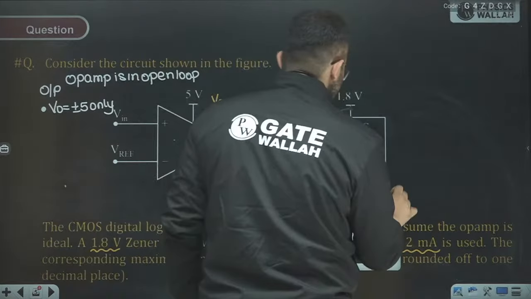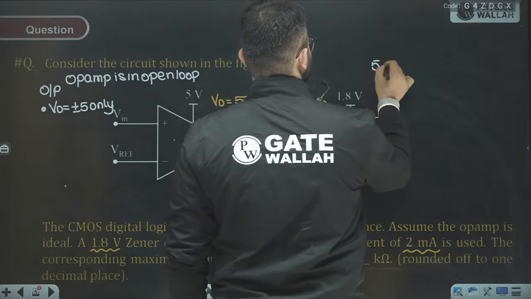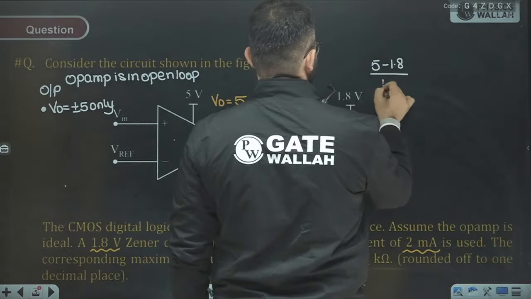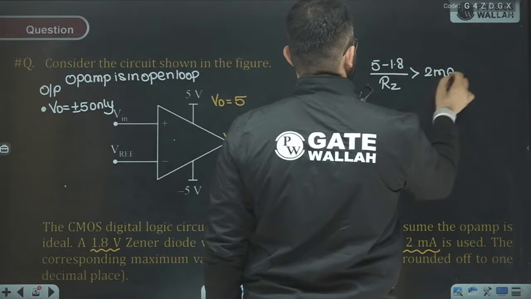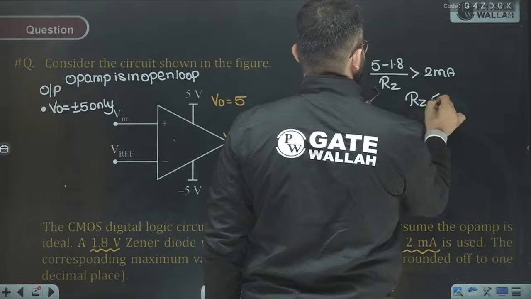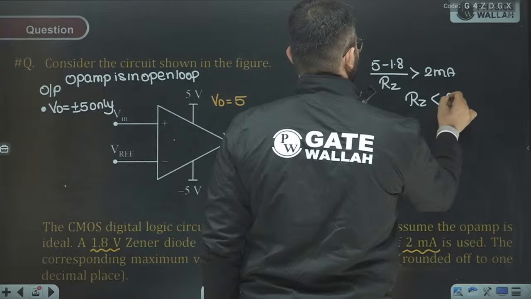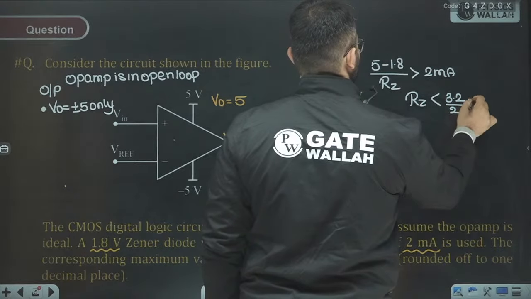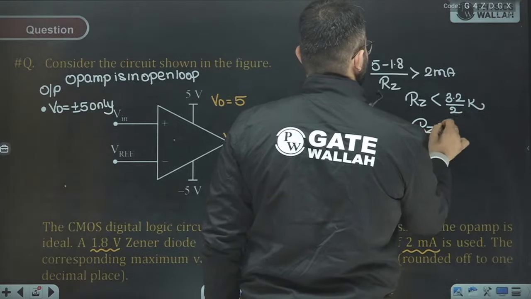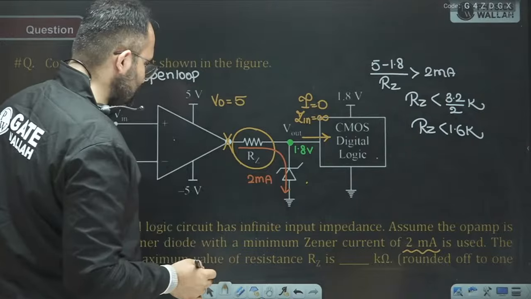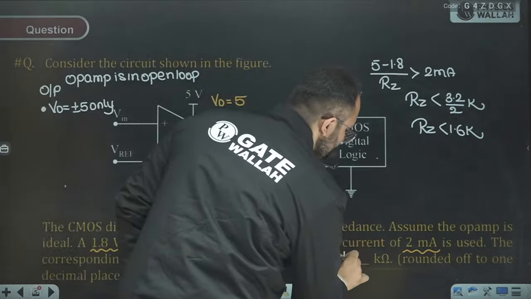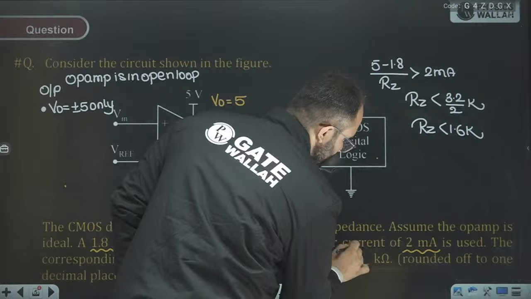So (5 minus 1.8) upon RZ should be greater than 2 milliampere, so RZ should be less than 3.2 upon 2 kilo ohm. RZ should be less than 1.6 kilo ohms.